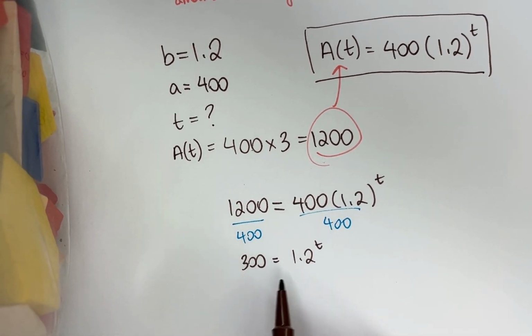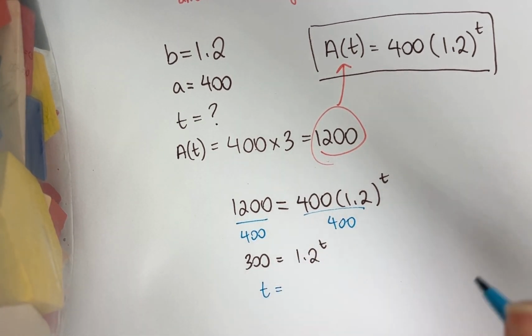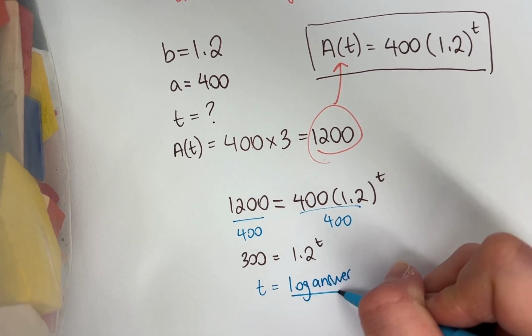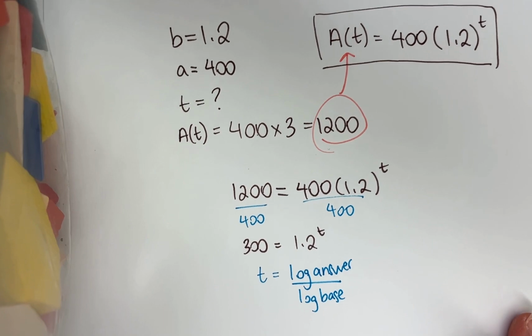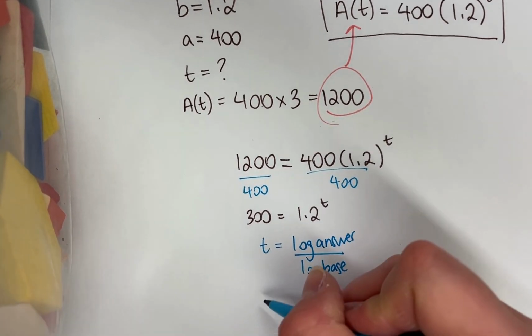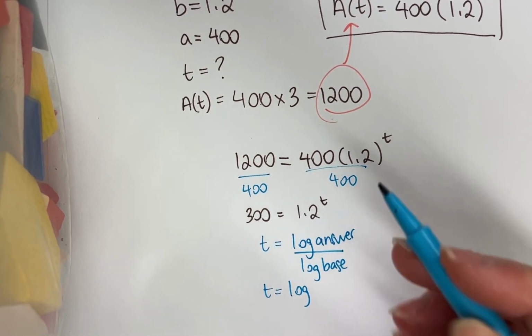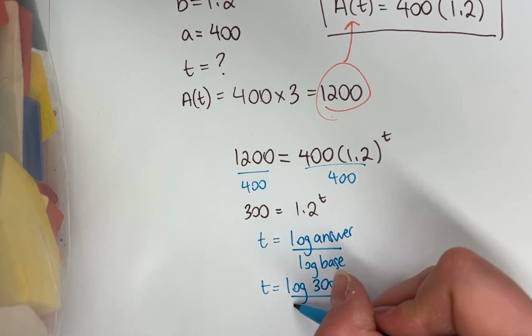Okay, now this is what I explained in example 1. t is going to equal log of the answer divided by log of the base. So that means t equals log of the answer, 300, and my base is 1.2.